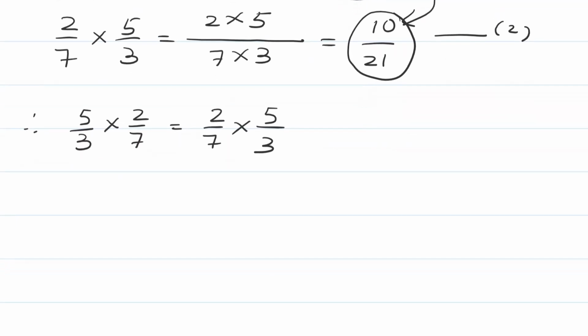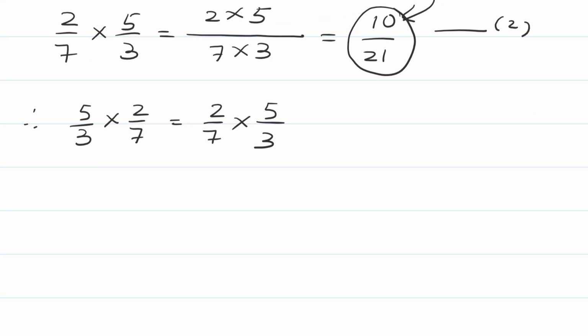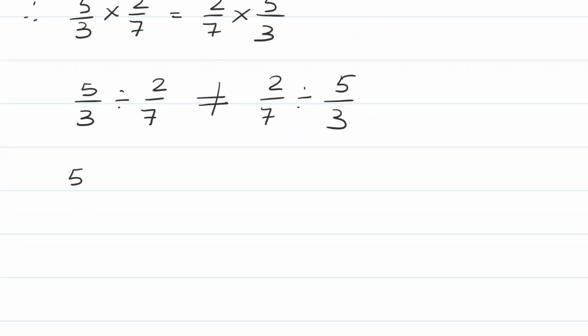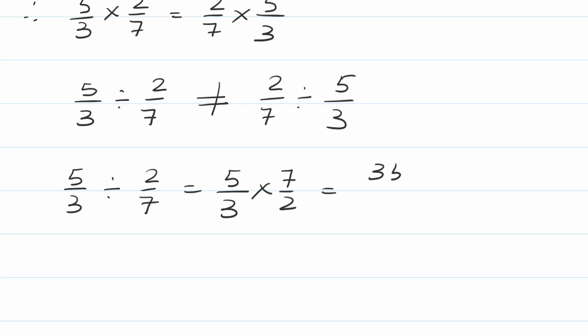Do not use this property for division. Division is not commutative for rational numbers. 5 by 3 divided by 2 by 7 is not equal to 2 by 7 divided by 5 by 3. 5 by 3 divided by 2 by 7 is 5 by 3 into 7 by 2, 35 by 6.